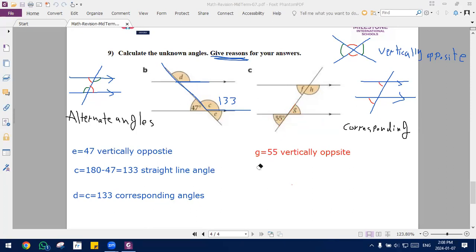Then let's look here. We have this one and this one. So I would say that F is equal to G. Why? So F is equal to G is equal to 55 because they are alternate angles.